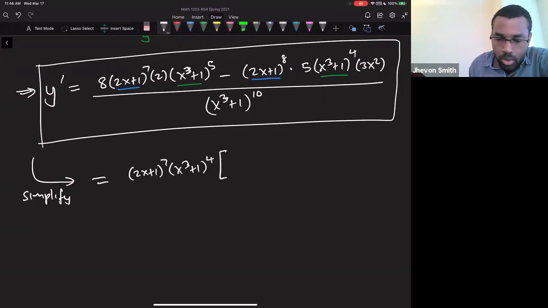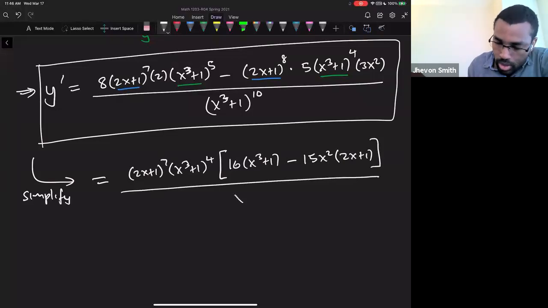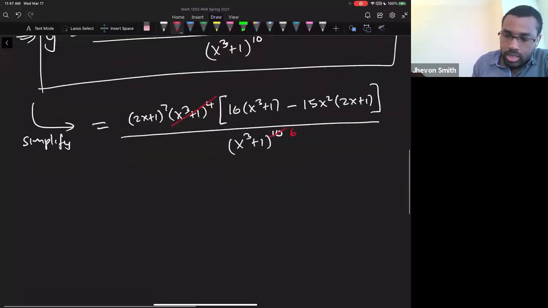I'm going to be left over with 16 times x cubed plus 1 minus 15x squared times 2x plus 1, all over x cubed plus 1 to the 10th. In which case this guy is going to cancel into 4 of those, leaving 6.